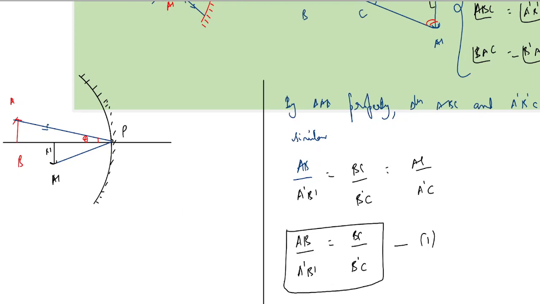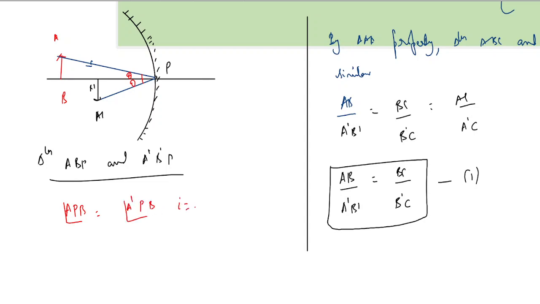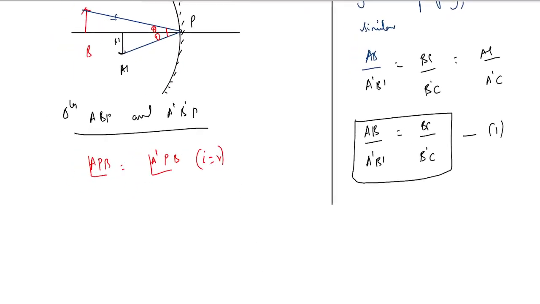Again from here we can do the same thing as done earlier. From triangles ABP and A dash B dash P, we can say these triangles are similar. That means angle APB is equal to angle A dash P B dash, because i is equal to r; we used the laws of reflection.